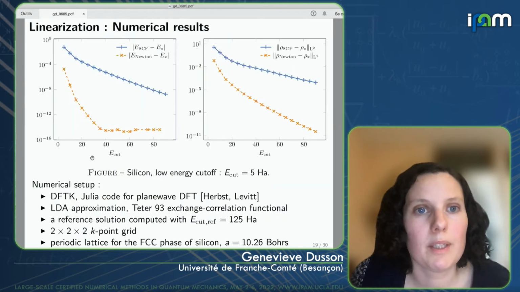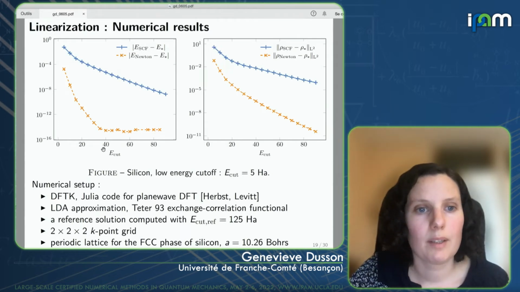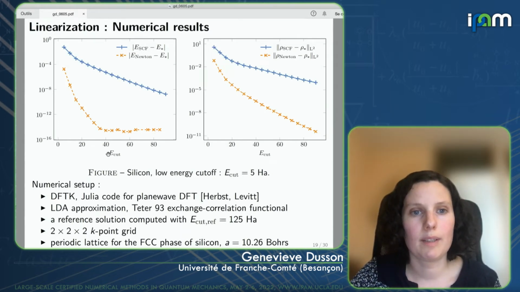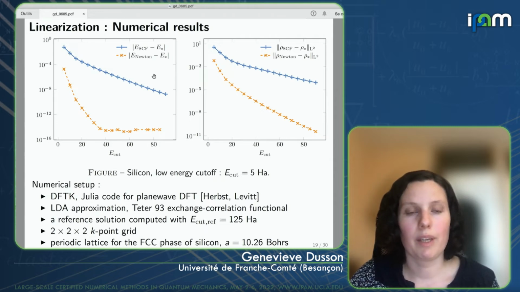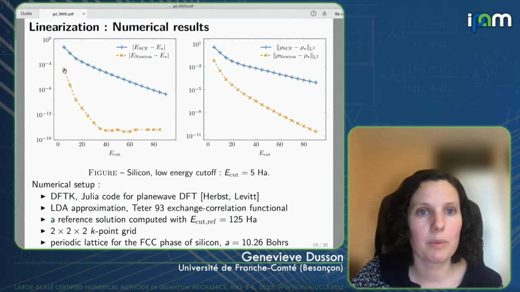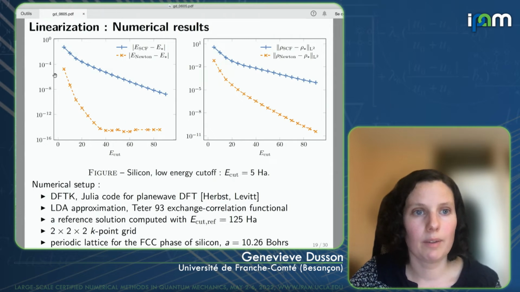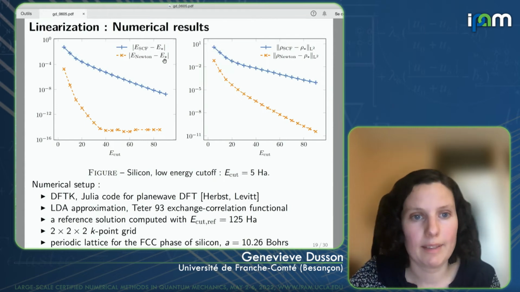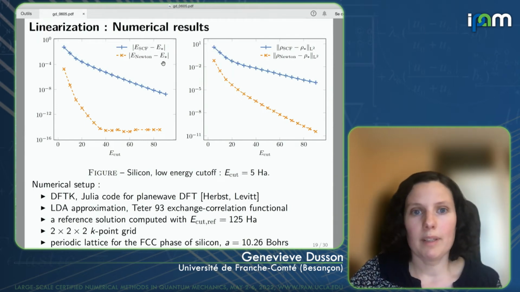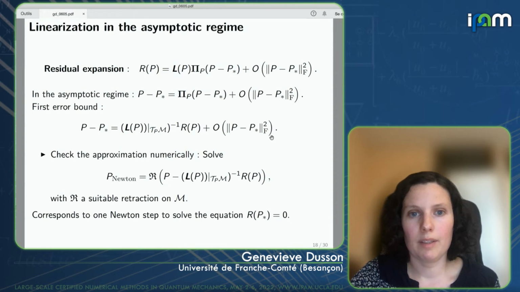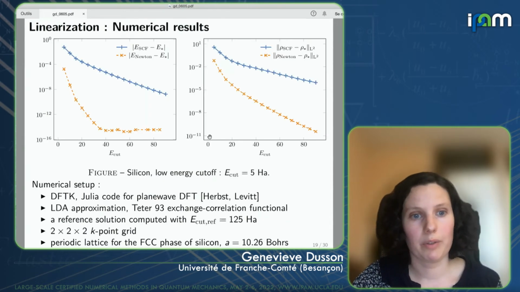And here we see the result. This is for silicon, and in blue we have the exact error for the energy on the left and for the density on the right. If we look at the energy computed after one Newton step, we see that it approximates the exact energy way better. So this means that the higher order terms are really of higher order.